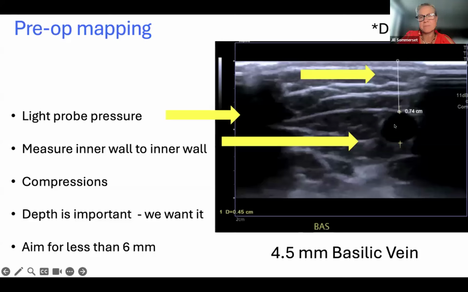It's 7.4 millimeters, and we aim for the depth to be less than 6 millimeters. So this is a patient that would need it transposed and brought to the surface. But it is a very nice and healthy basilic vein that we can use for a brachial basilic. So these are things I'm kind of thinking about as we're mapping this upper extremity.